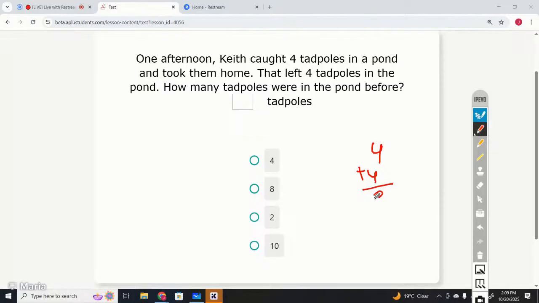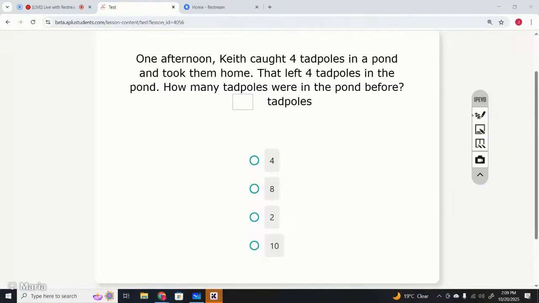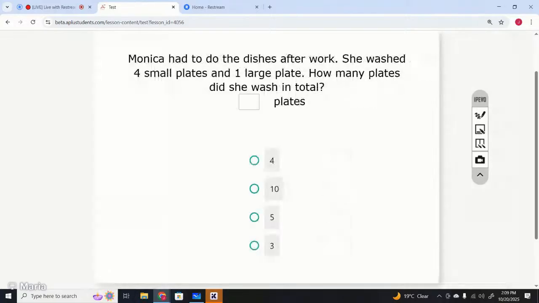The correct option is 8. Option number 2 is the correct option. There were 8 tadpoles before in the pond.